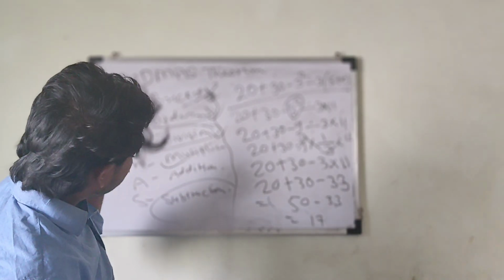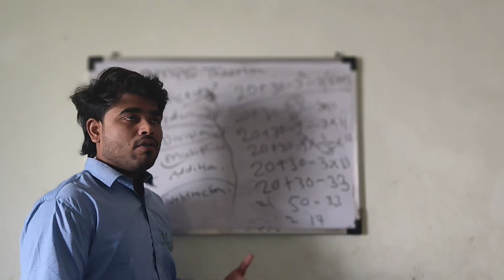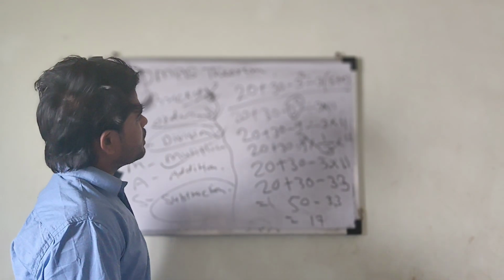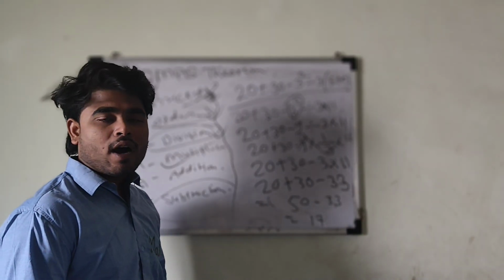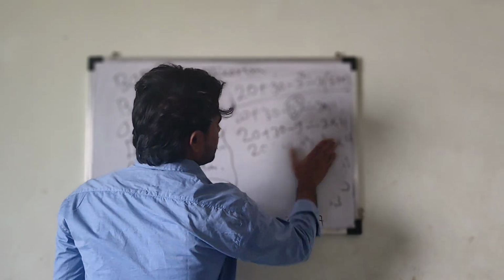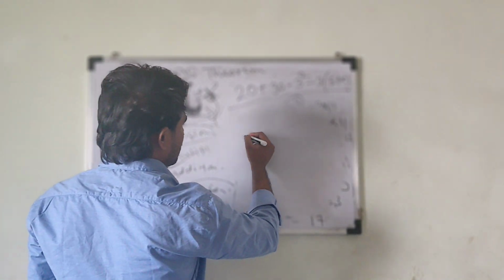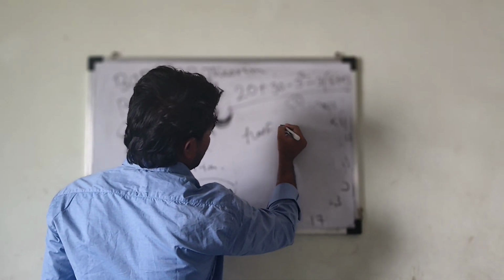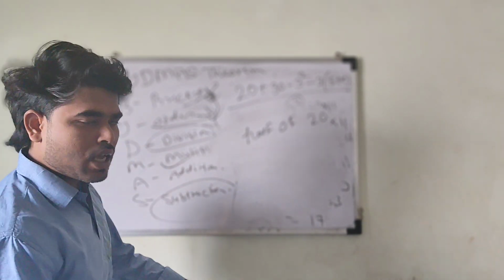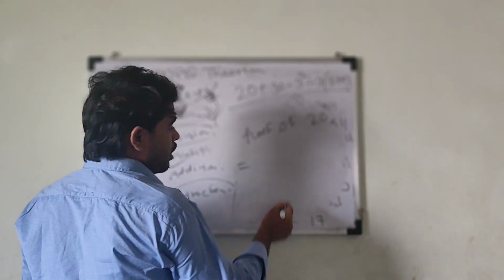You can use this theorem to solve any strange question. For example, if someone asks you in public what is half of 20, you would say 10. So how?